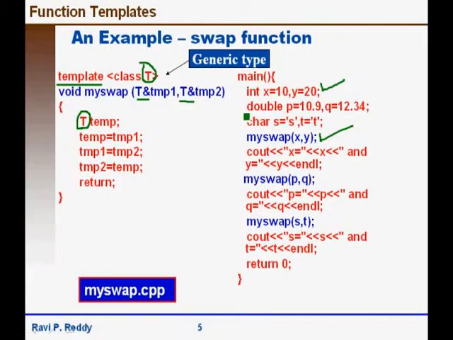We have declared two variables of the type double and we have used the myswap function template to swap them. We have declared two variables of type char and we have swapped them using myswap. Now let's look at the code of myswap.cpp and run it and see the actual output.